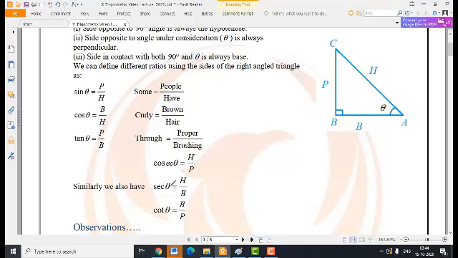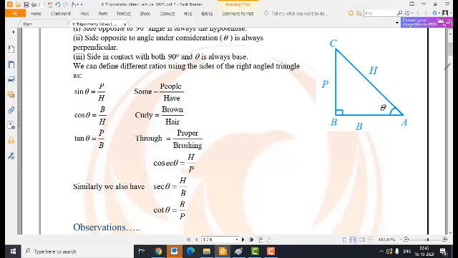So cosecant theta, secant theta, and cot theta are three different ratios obtained by taking the reciprocals of sine theta, cos theta, and tan theta. So there are in total 6 different trigonometric ratios depending upon the ratio of different sides which we can take into account.